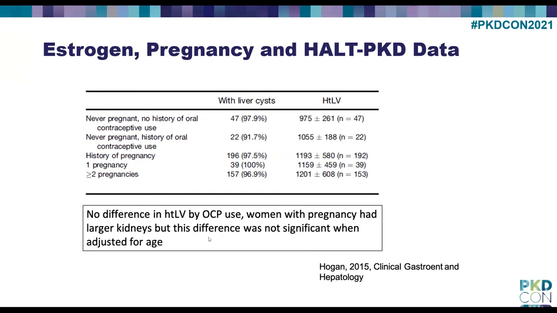Women with pregnancy had larger livers, but this difference was not significant when adjusted for age. So I think that we still talk to women and counsel women about using exogenous estrogen because of the risk for permitting growth of the liver cysts, but we talk about that in maybe a different way than we had previously.